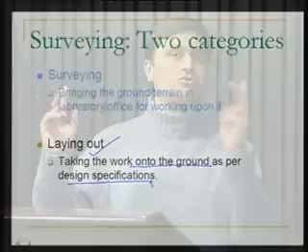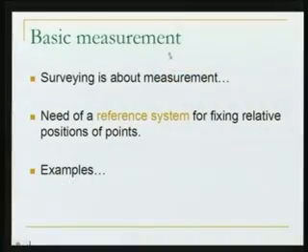Basically, these are the two things which we do in surveying. We bring the ground into the laboratory. Now we work on that. There is some plan, some building, some bridge, a road alignment. Then the next job, we want to transfer it onto the ground, the laying out part. Well, having said that, we will now look into some basic measurements.